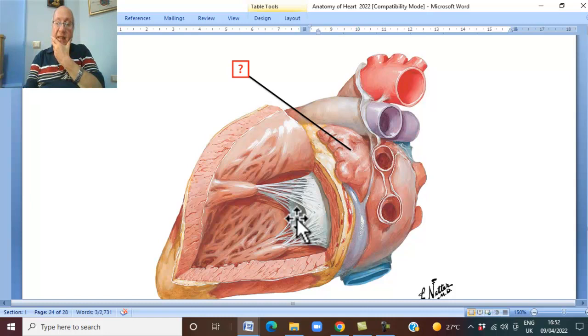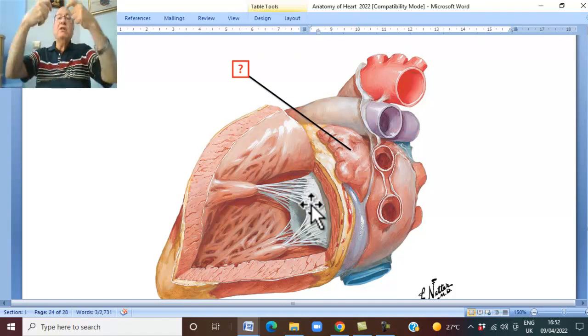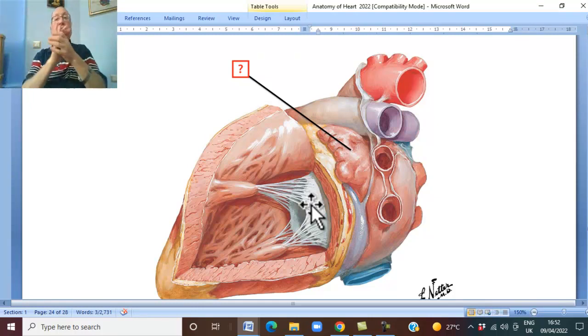The inlet orifice from the atrium to the ventricle on both sides of the heart is situated vertically, while the outlet orifice of both ventricles is situated horizontally.